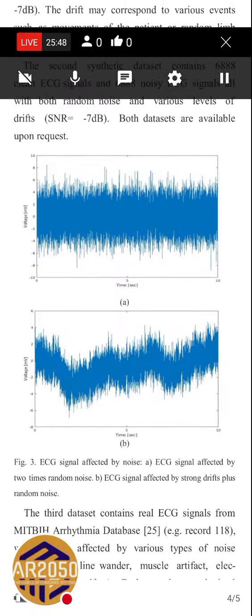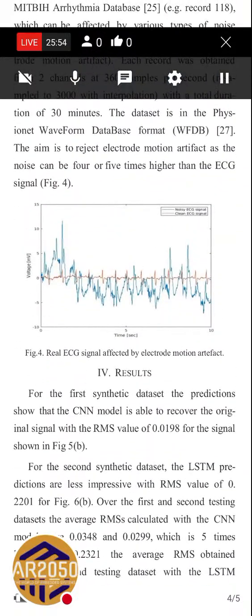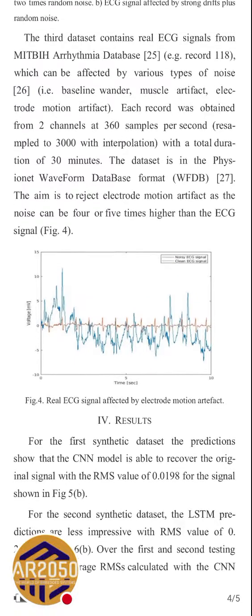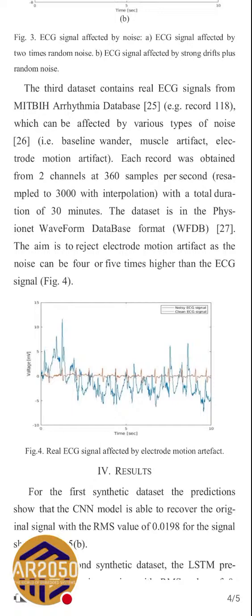So that was the overall ECG waveform that they have, and a real ECG signal affected by electrode motion artifacts. They demonstrated it here, and they use the MIT-BIH arrhythmia database and the WFDB package.